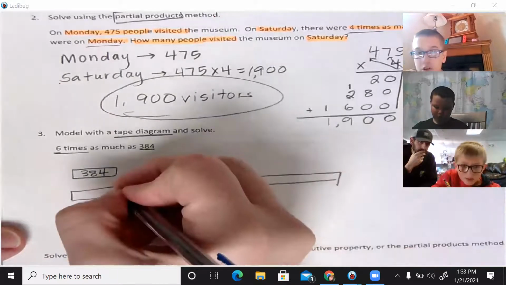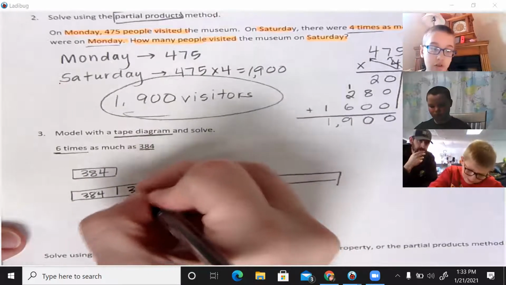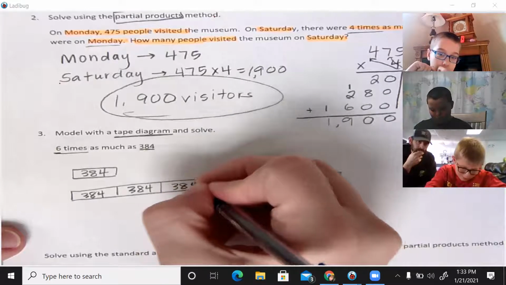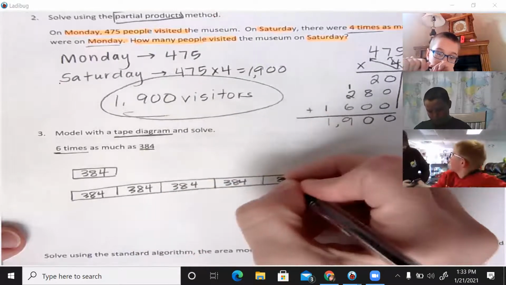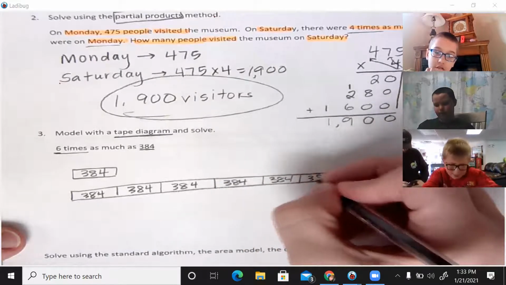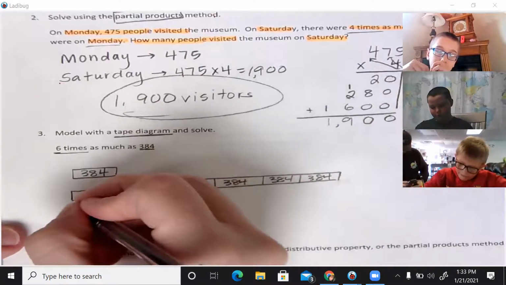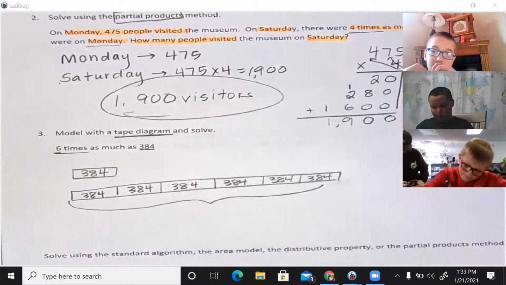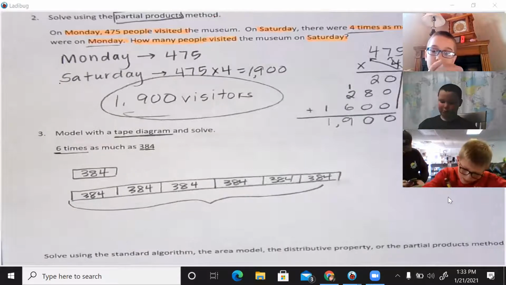And so I have 1 times 384, 2 times 384, 3 times 384, 4 times 384, 5 times 384, and 6 times 384. I have 6 now. And if I put these all together, remember our curly brackets? We used to do these the first week of school. The curly bracket shows that we need to find the total.